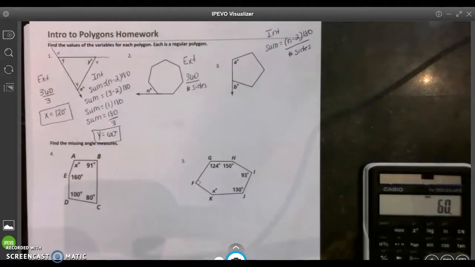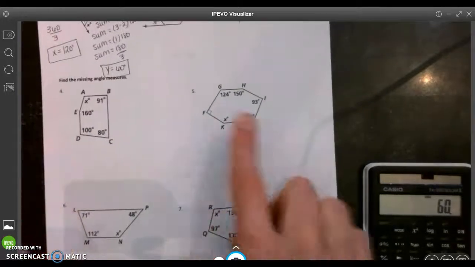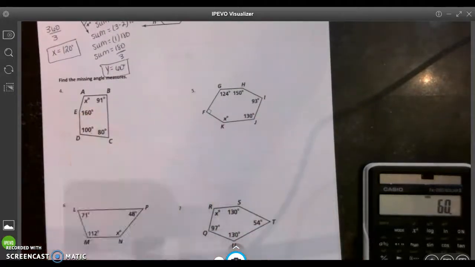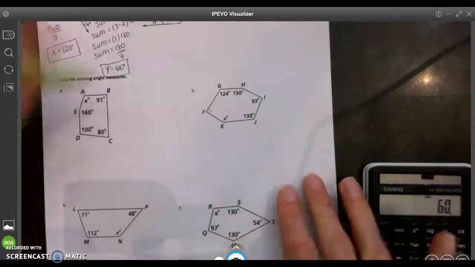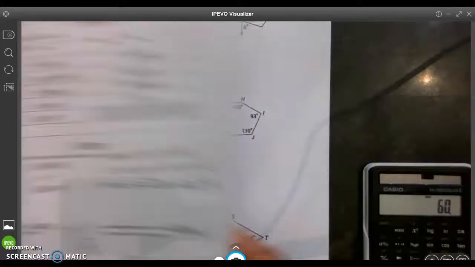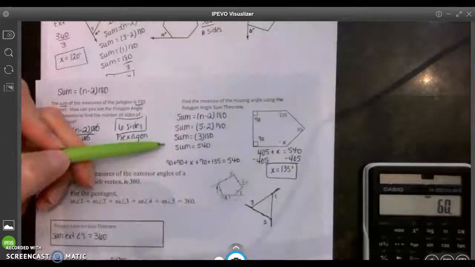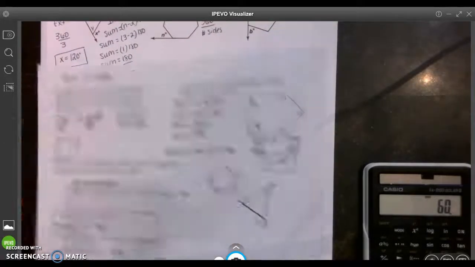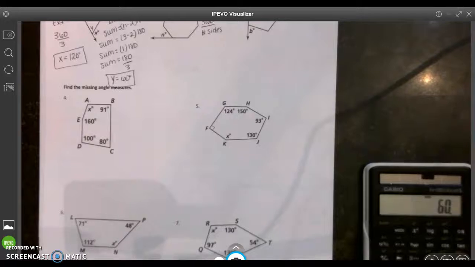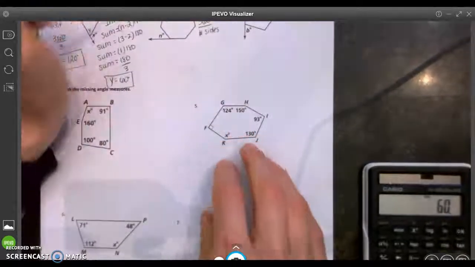So let's look at number 5 together. What I do in number 5 is what you're going to do with these 3. We have all these angle measures. This is like what we did right here in the notes. First, these are all interior angles. They're inside the polygon.